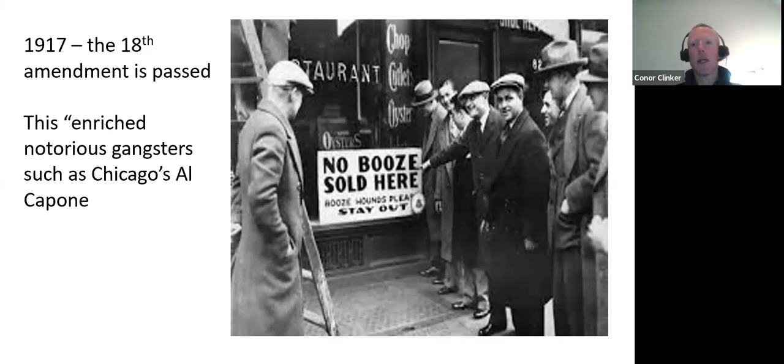It dramatically increased the murder rate in this country because alcohol is a very lucrative business, and since it's now controlled by criminals, where do criminals adjudicate their business disputes?